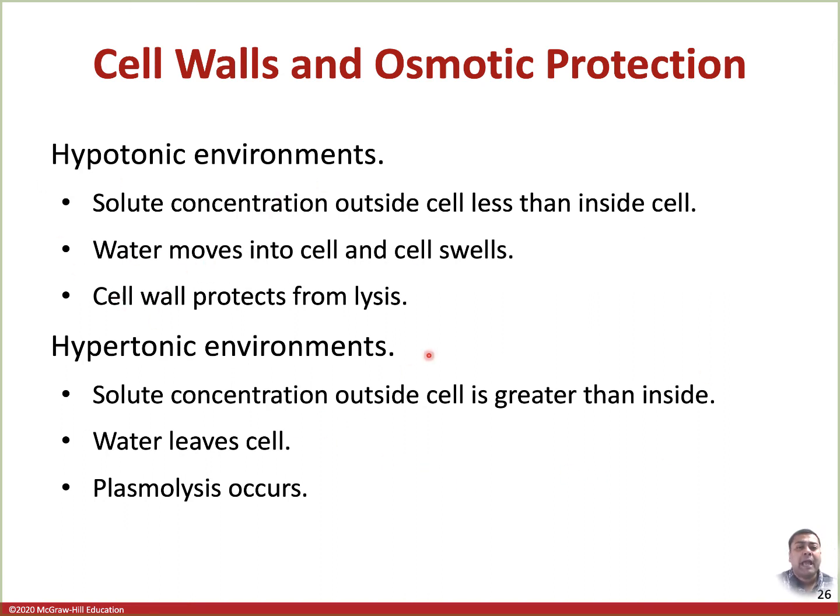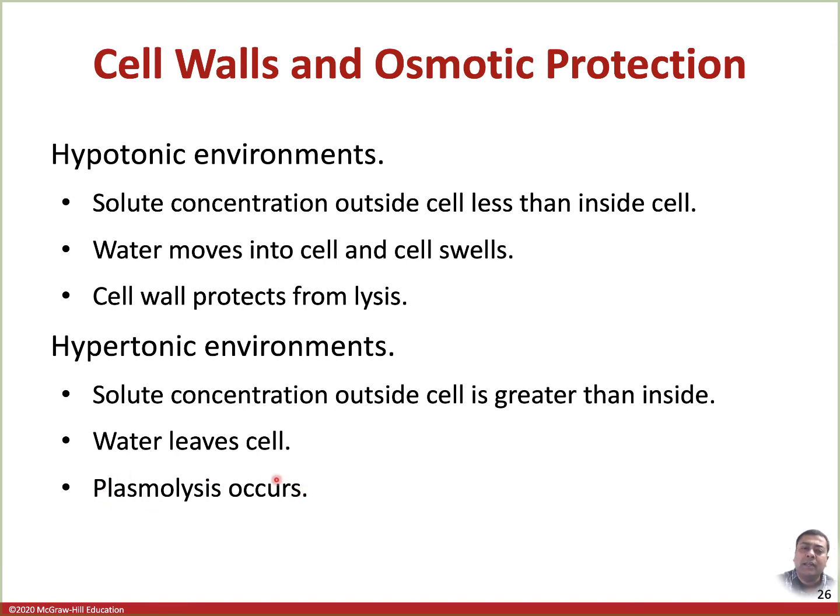On the other hand, if a bacterium is put in a hypertonic environment, the solute concentration outside the cell is greater than inside. That means outside there is less water, inside there is more water. Water will leave the cell, and the cell will undergo the process called plasmolysis. That means the cytoplasm will shrink.